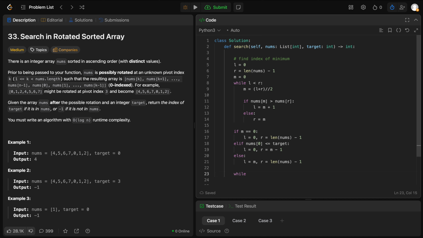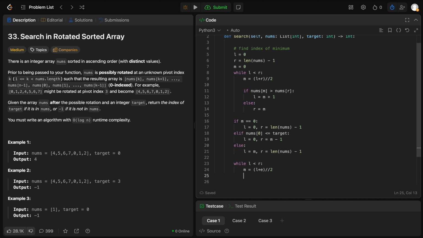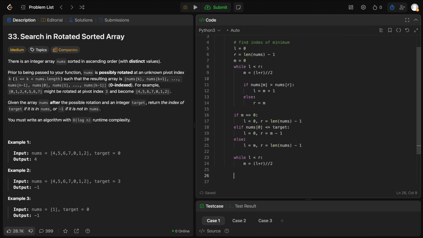And while left is less than right, m is equal left plus right divided by 2. So if nums of m is greater than target, then right is equal m minus 1.